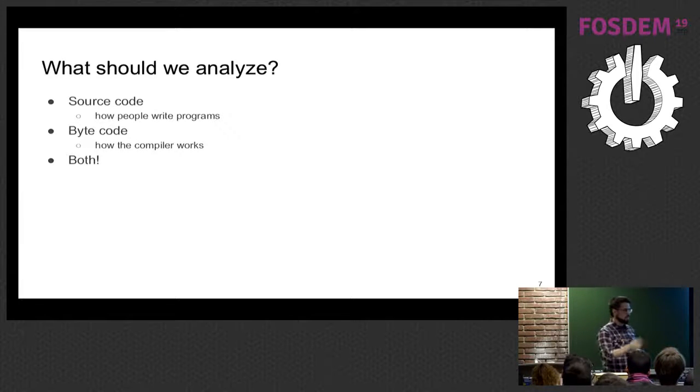But what's best, we can combine these analyses together. For example, we could search for code fragments that were not anomalous in the source code representation, but became anomalous in the bytecode representation. And that's clearly an issue of some kind.